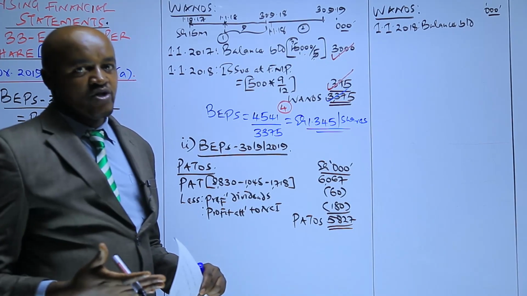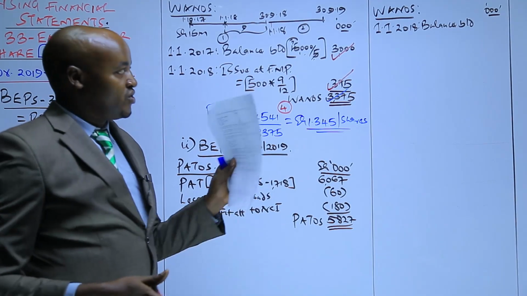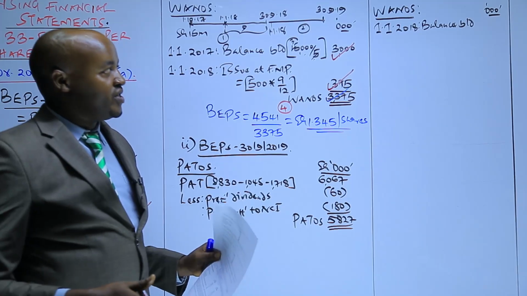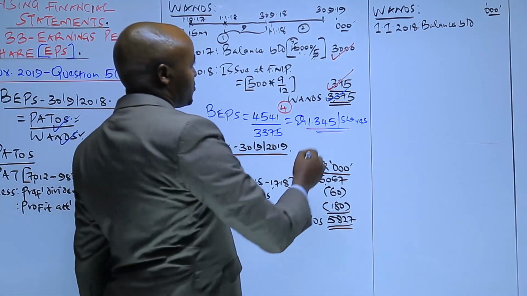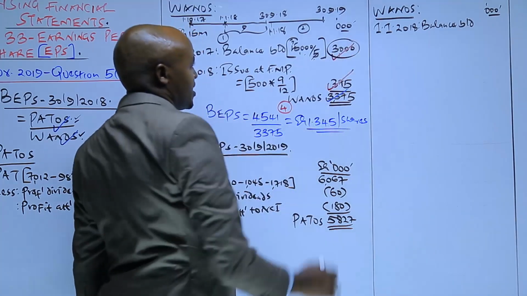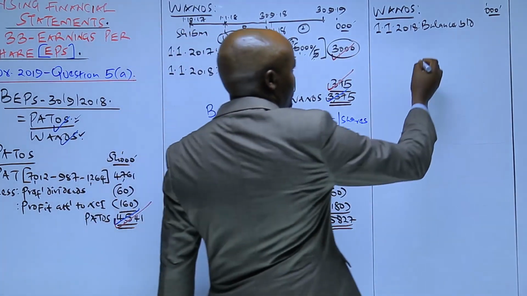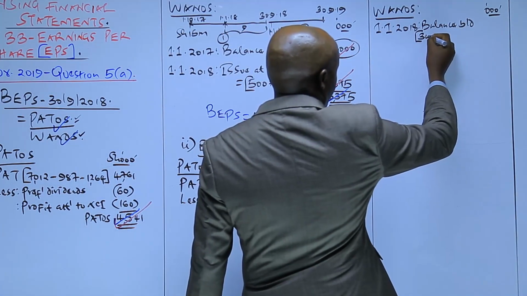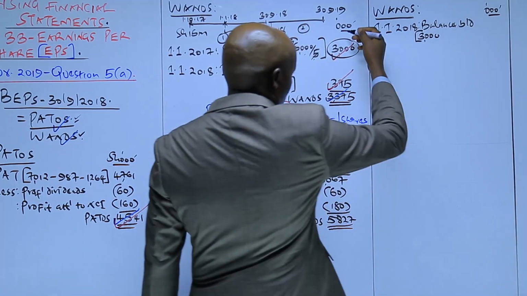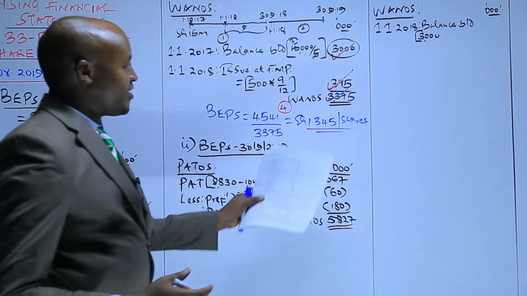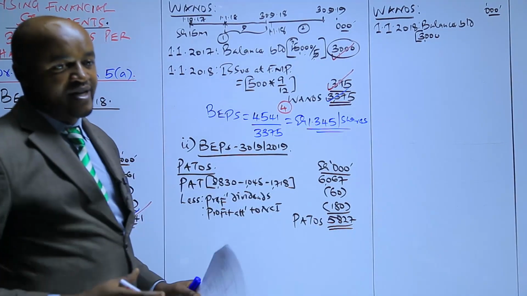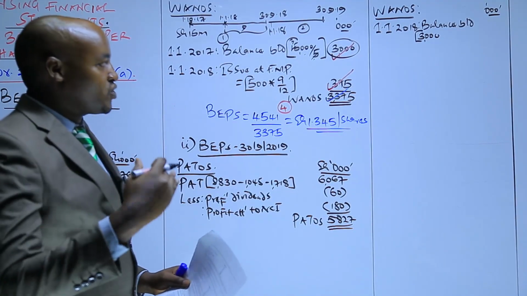Where do you get that information? That information is not in the question. You get it from the computation you did in the previous year. So from the previous year, we know the shares which were issued and fully paid at the start were 3,000. So you take those shares, 3,000, and then you check during that year, were there other shares which were issued? Yes. So we have these shares, 375. But now what you do, you take the actual shares.